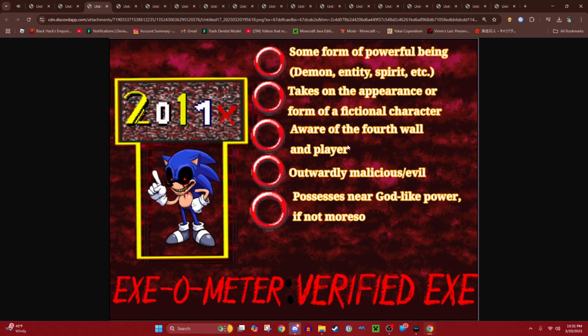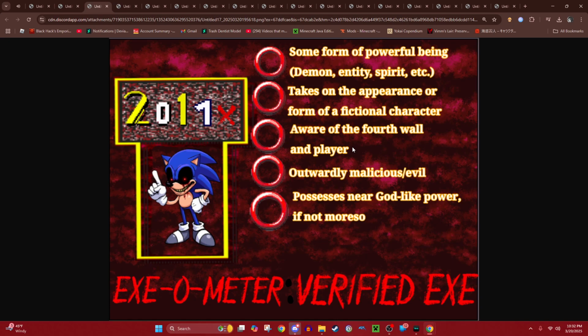Now, I would like to say that these are not the 100% set in stone things that need to be there for an EXE to be an EXE. These are just very common traits I've noticed and have narrowed down to be at least very evident hallmarks of what makes an EXE.